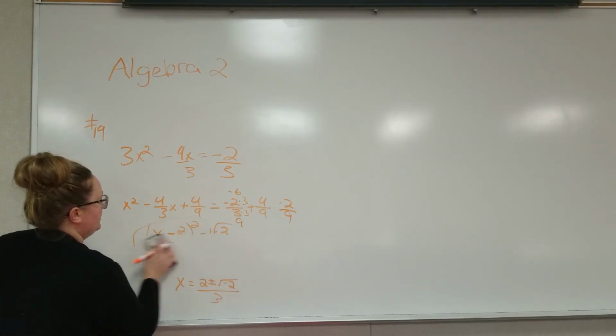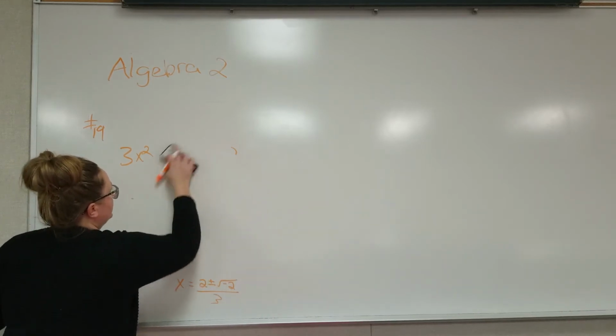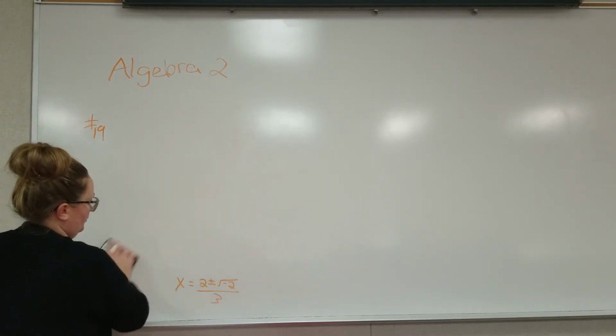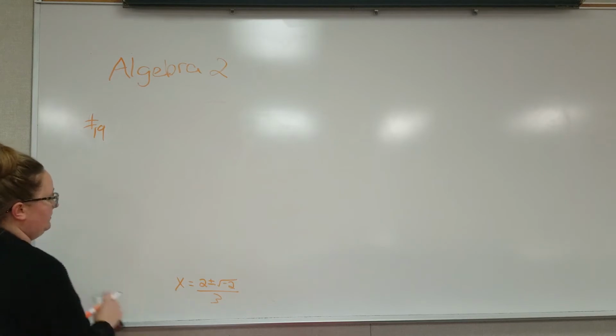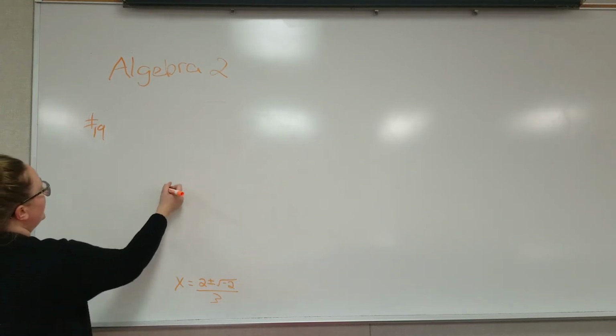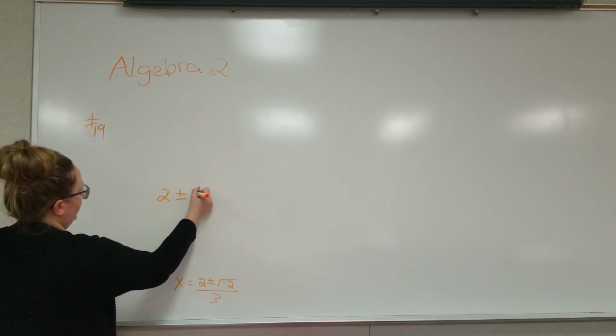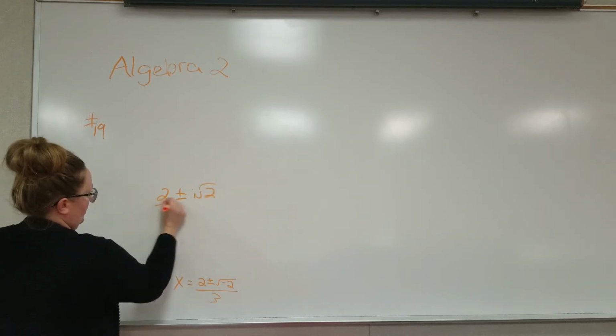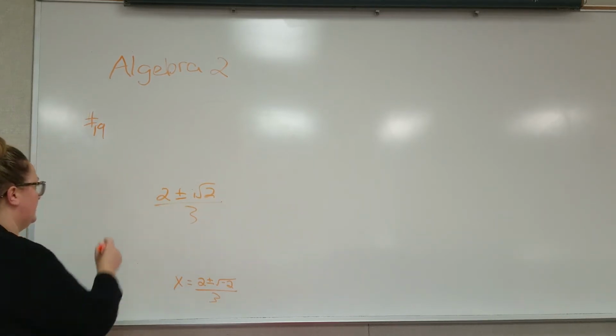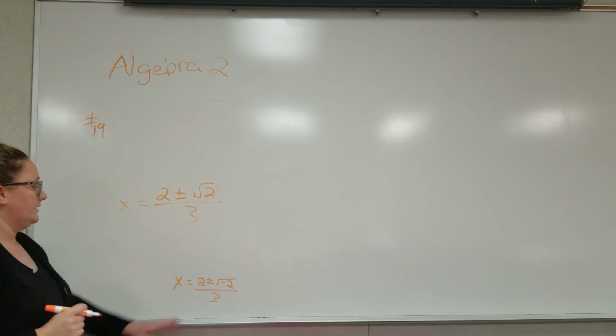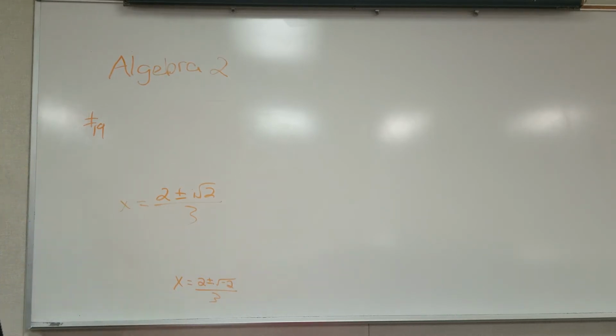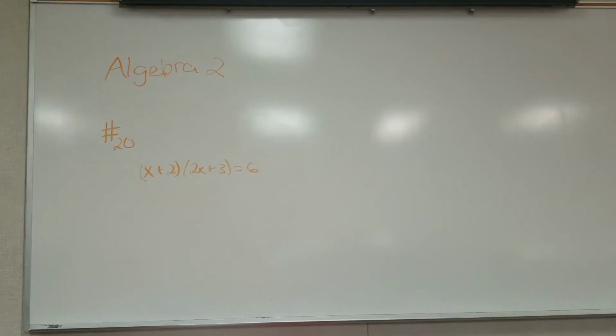So what we have here is an imaginary root, because we have a square root of negative 2. All right, so as immediately when we have that negative, we just bring it out, and that means it's i square root of 2 over 3. The end, all right? So that negative, you can't have a negative inside square roots, because anytime you multiply two numbers, whether negative or positive, it equals a positive.